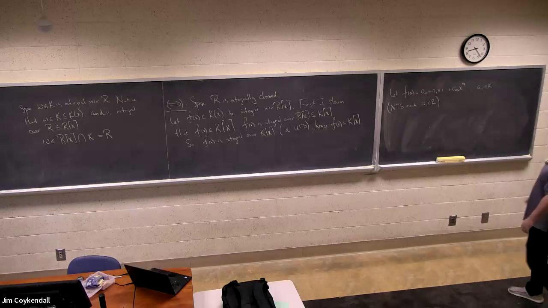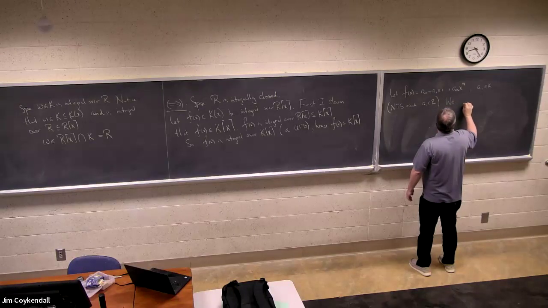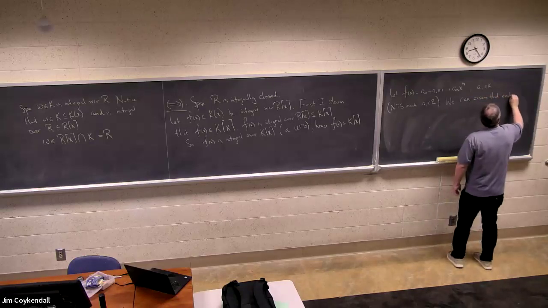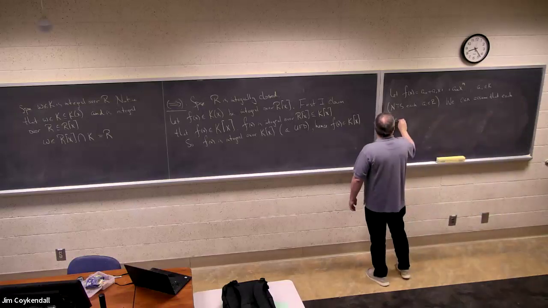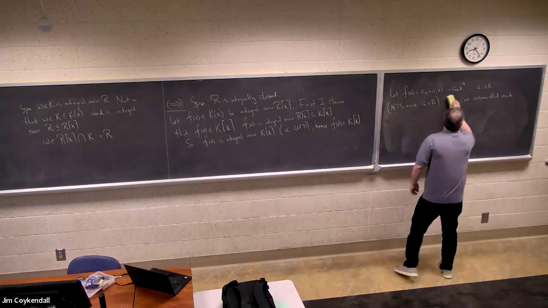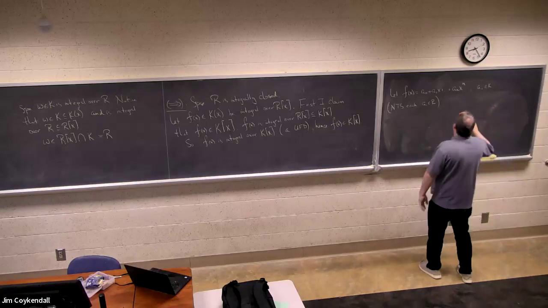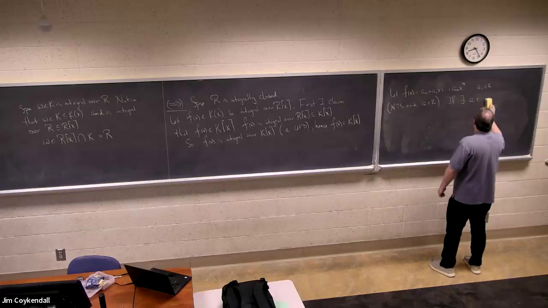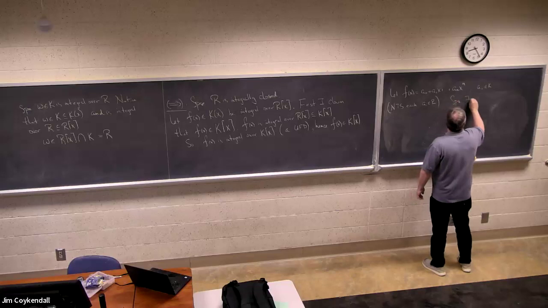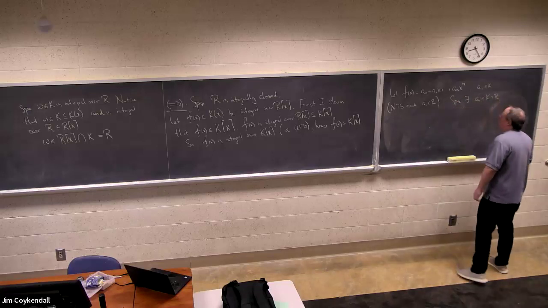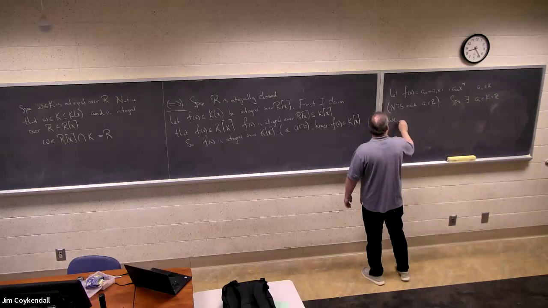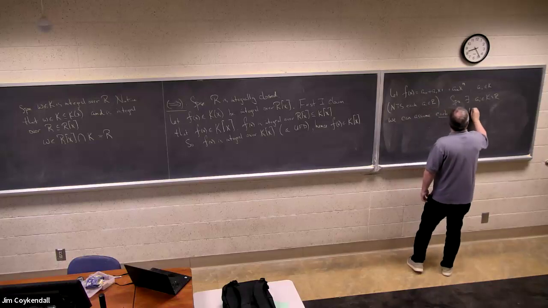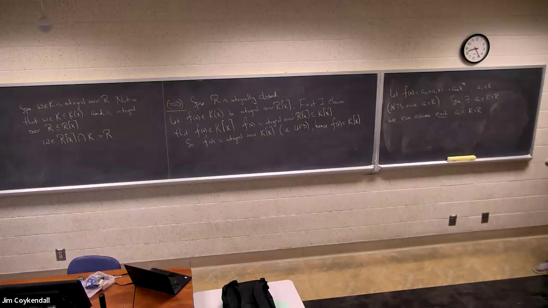I'm gonna make an assumption. Suppose there's this a_i not in R. We can assume each a_i is not in R. Anybody know why?